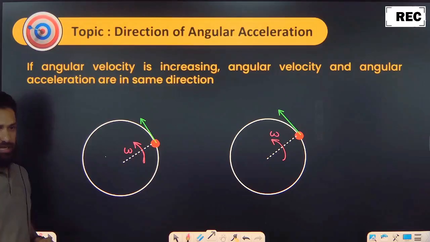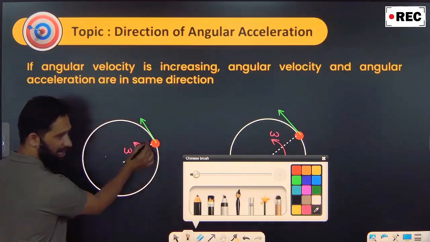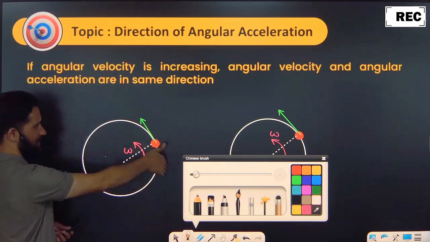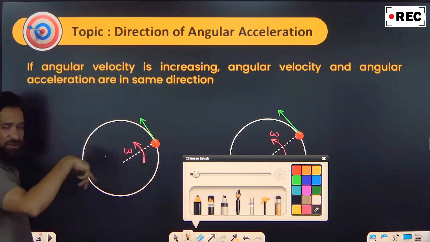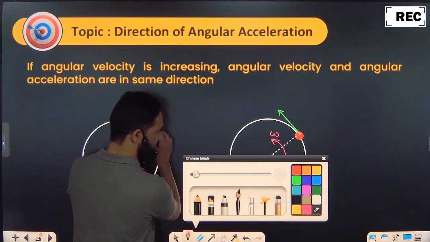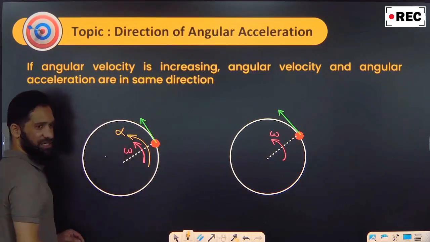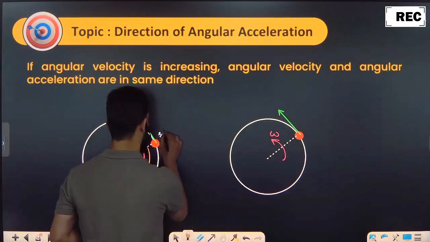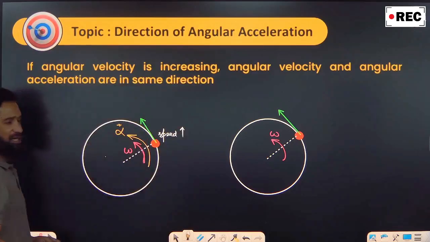Now imagine a fan blowing wind in the same direction, or I touch this body in the same direction. What will happen to omega? Will it speed up or slow down? It will speed up. So if it is pushed in the same direction, it speeds up, alpha is in the same direction as omega, and alpha is taken as positive. If the body is speeding up, alpha and omega are in the same direction.